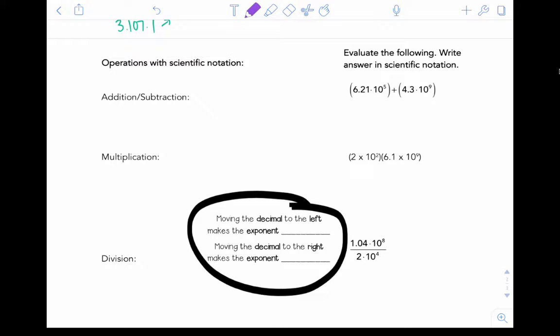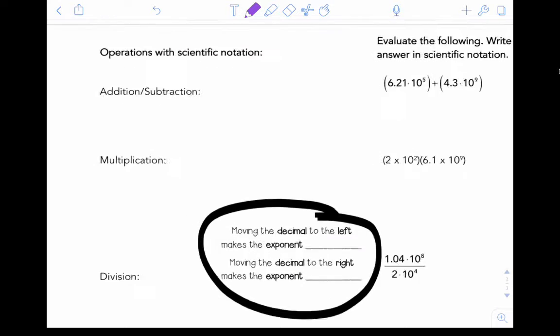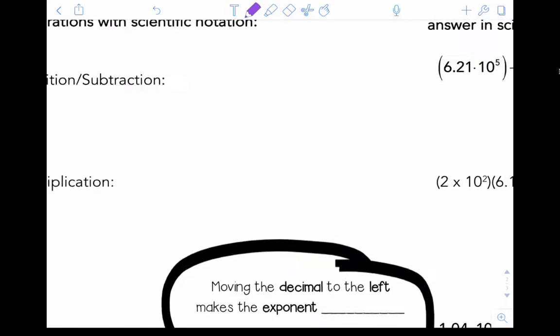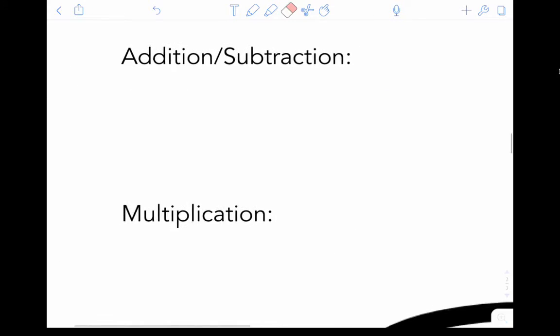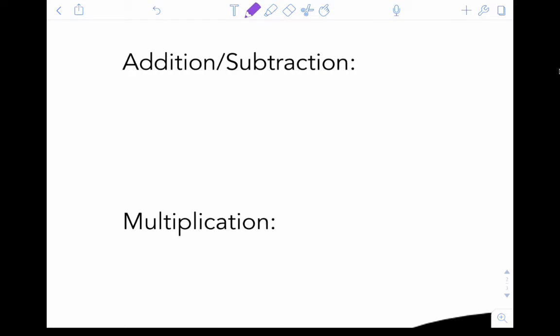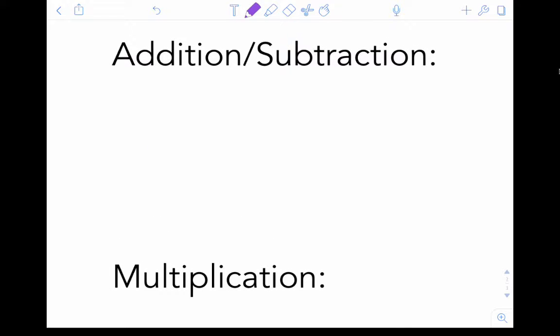So my addition and subtraction, I have a few steps that I need to go through for this. When I evaluate something like this, where I have a number in scientific notation plus a number in scientific notation, and I know that because I have a plus between those parentheses, my steps that I need to go through are these. First, I need to write my numbers in standard form.